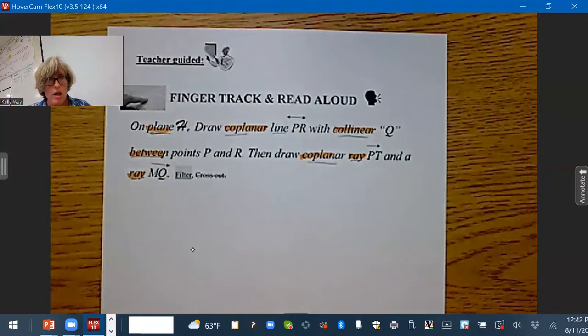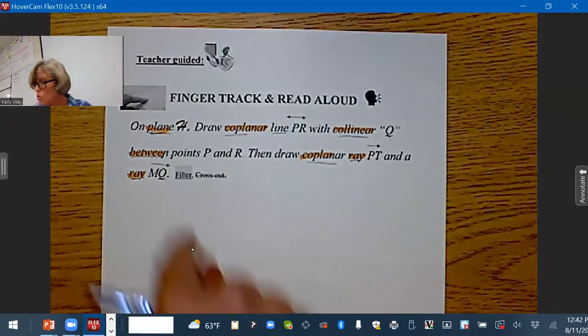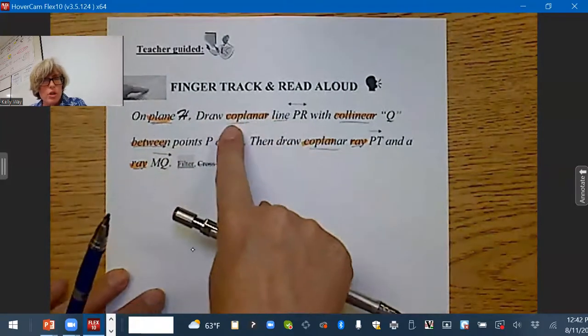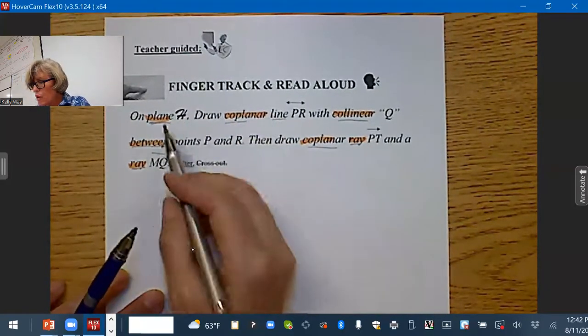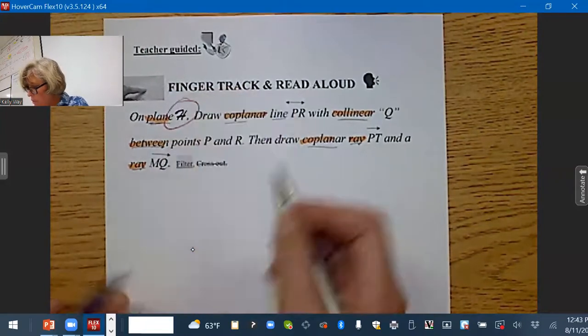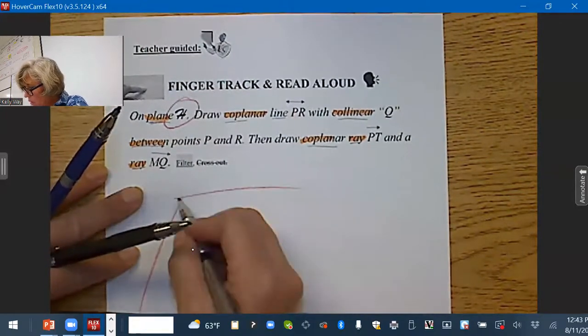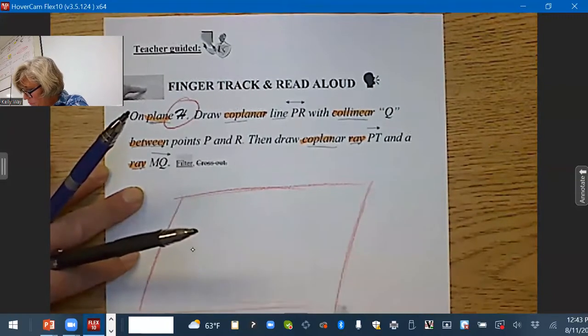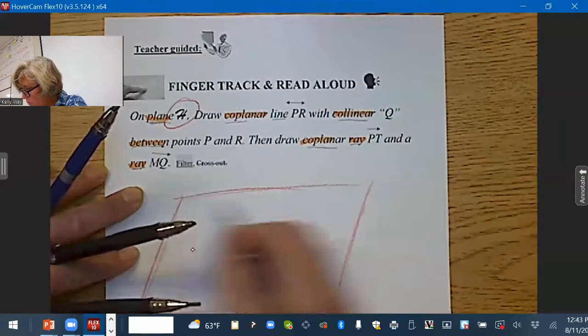Now, very important: you draw, label, list, cross out. As you account for things on the drawing, you cross it out in the original description. So, for example, draw a plane H. Notice cursive uppercase, drawing a tabletop.